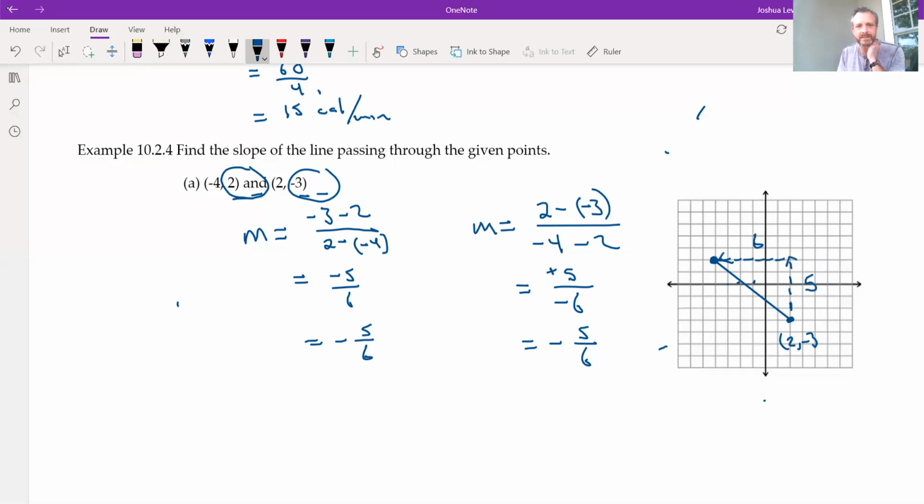Notice where the negative is in this second expression for slope, right? It's in my denominator. My run was negative. So in this second expression, this was like going up and then left. But on the other hand, what if I started here and wanted to go down to 2, -3? Right? What if I was starting at -4, 2?